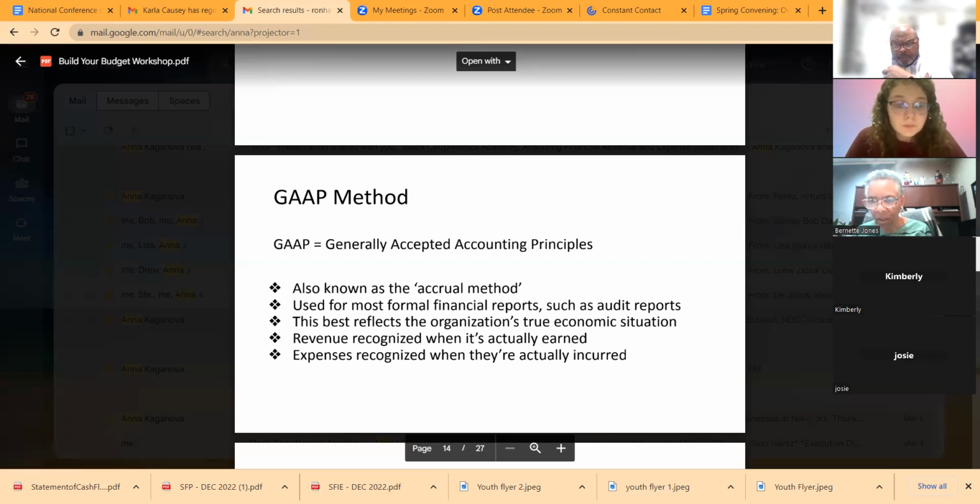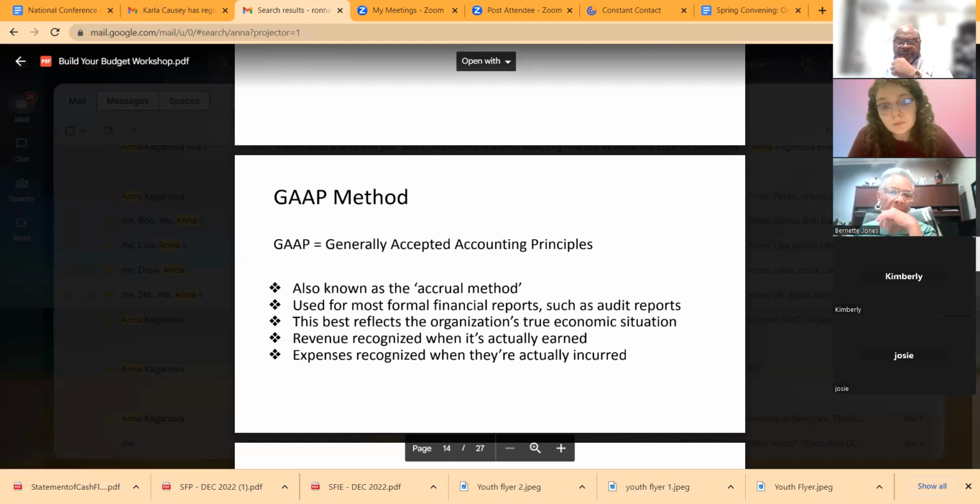When it's actually earned, you put it on your books as income when you earn it versus when you actually get the money. Yes.